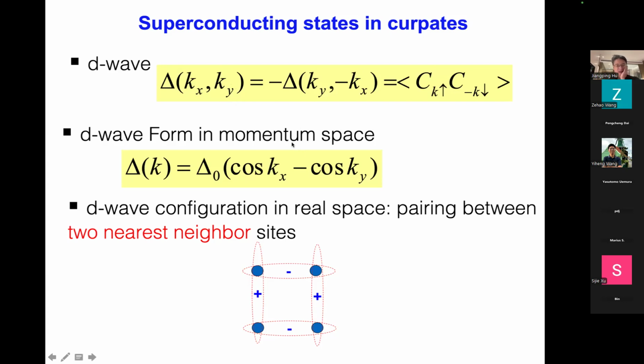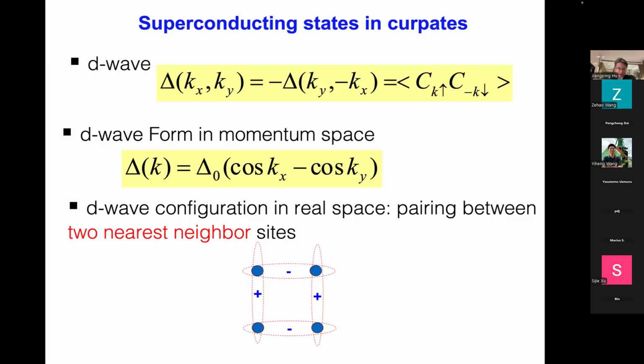In the simple case, you can assume there's a D-wave form in momentum space. So the order parameter in momentum space is proportional to cosine kx minus cosine ky. In real space, you can view it as the pairing in the horizontal direction and the vertical direction being different. When the horizontal direction is minus, the vertical direction will be plus.